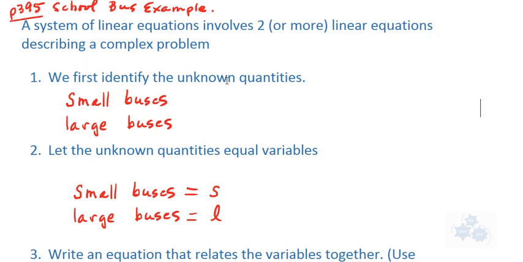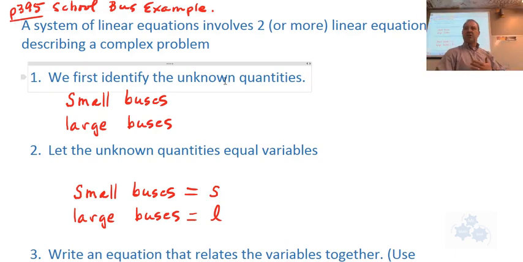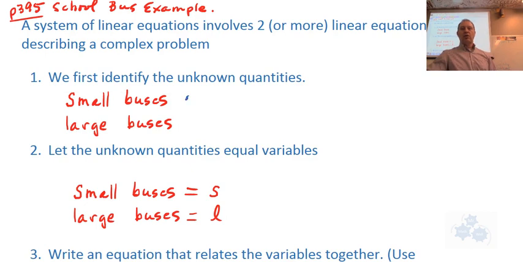All right, so the first thing we have to do, and we kind of skipped ahead to the equations, is identify the unknown quantities in the question. So when the question says, how many of each bus do we need? That's what we're focusing on for our variables, okay? So small buses and large buses are what we're looking for. And usually what you do is you let the quantities equal variables.